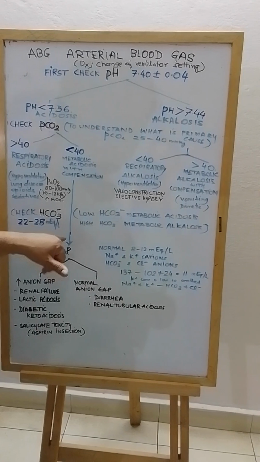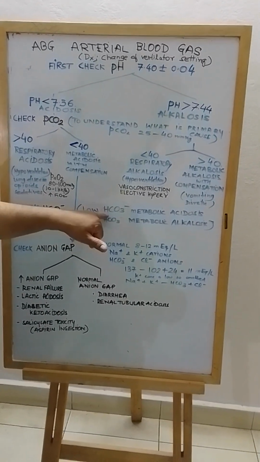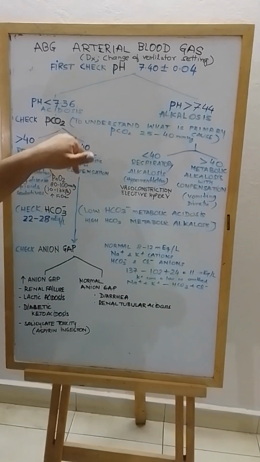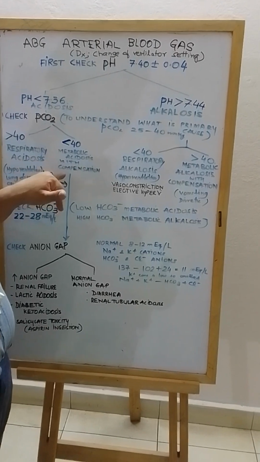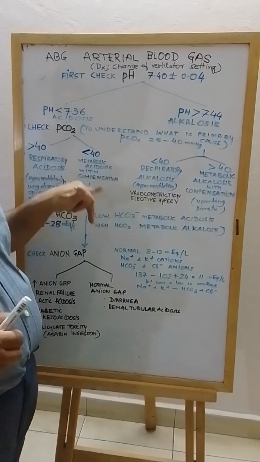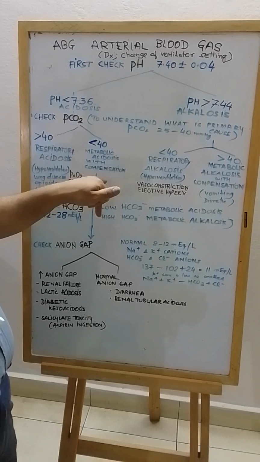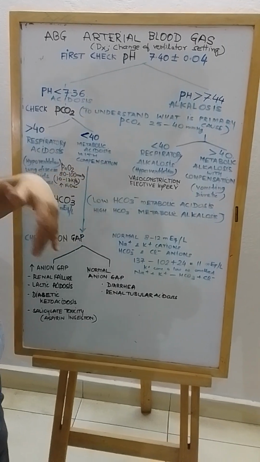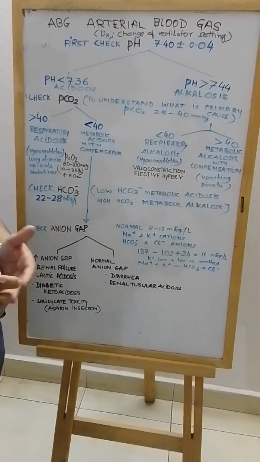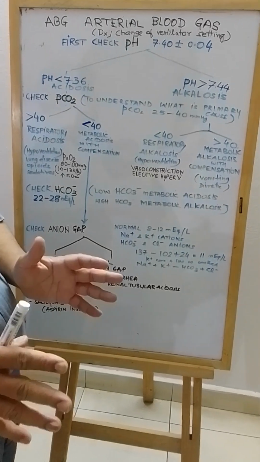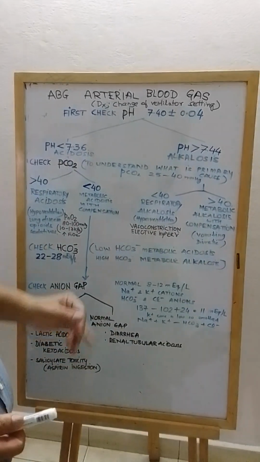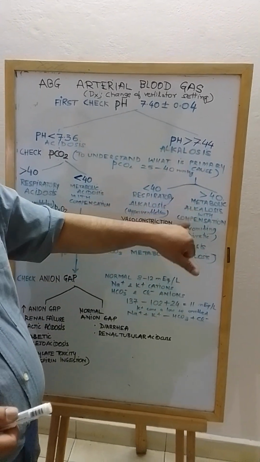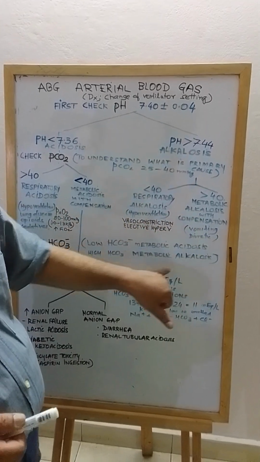Okay, and if bicarbonate ion is less, to compensate that there is a change in PCO2 secondary to this, therefore it is called compensation. It means metabolic acidosis with compensation. If it is because of a metabolic cause, then the patient tries to compensate with the respiratory rate. Similarly, if bicarbonate is more, then it is because of metabolic alkalosis.